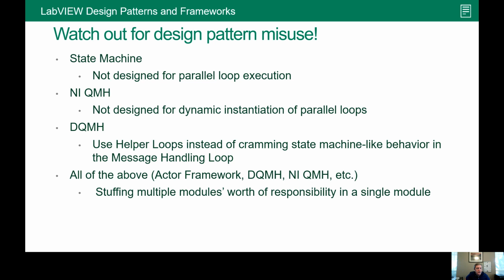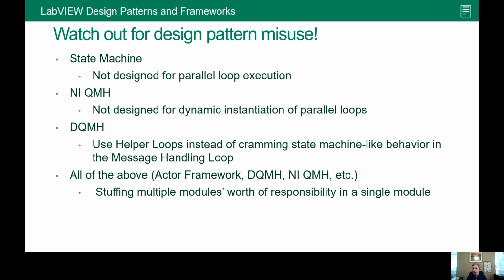Another misuse that I've seen in DQMH is trying to take a DQMH module and make it act like a state machine by cramming a bunch of state machine behavior into the loop that's only supposed to be handling messages for that module. It'll work, but now you've got one message handling loop that's also trying to maintain state.